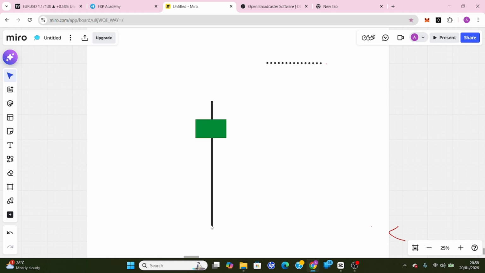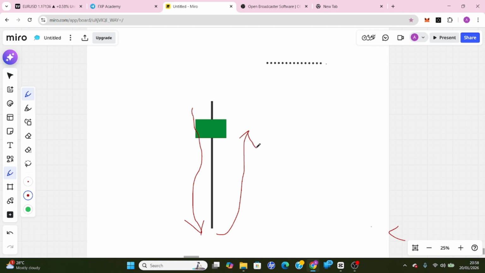At a point, this candle went down to this place, right? But all of a sudden, buyers' pressure comes in and pushes the market to the upside. So this is exactly what this type of candlestick with a long wick and a little body tells you.